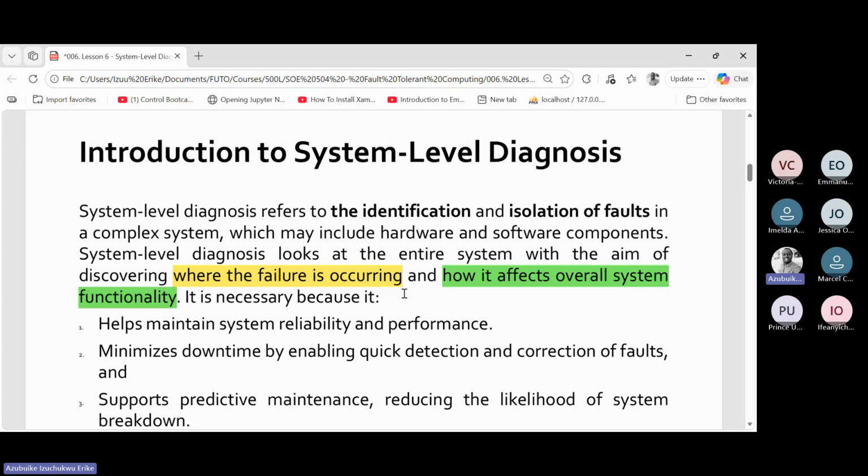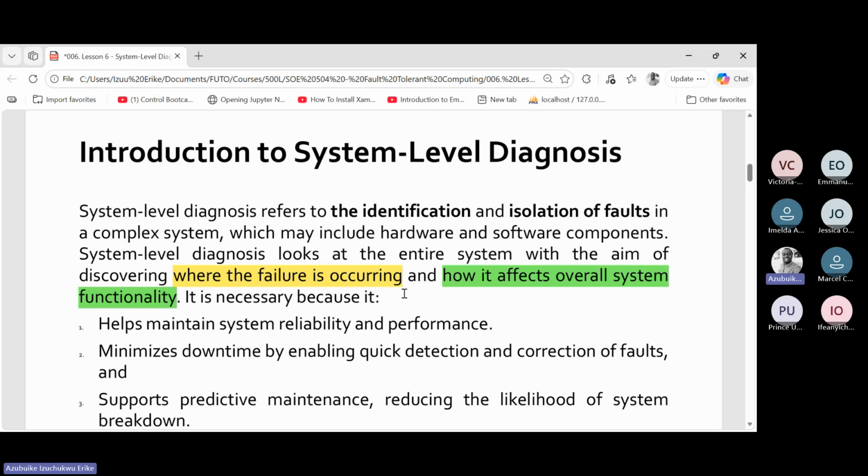So we have a complex system and there's a kind of poor performance in one place or the other. And then we need to check where this thing is coming from, and what is the cause.